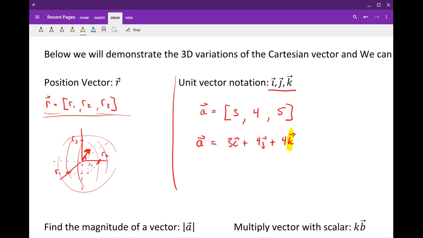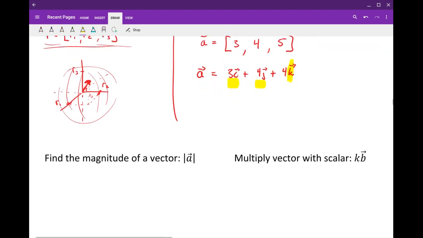Okay. We already talked about the i and the j vectors. And so you would just basically tack on a third, what's that called? Dimension. Okay.